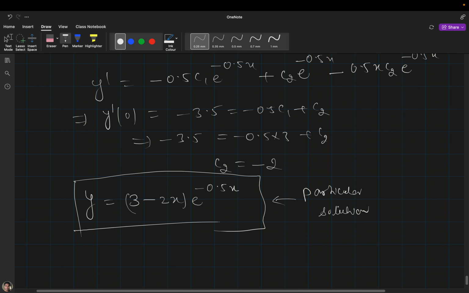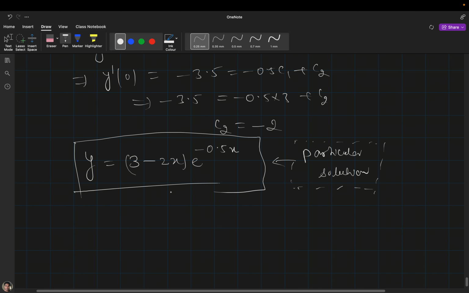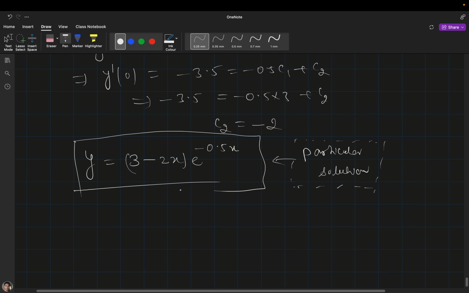You can also be confused because of the particular integral. When we study second order differential equations, I will teach you later. There is a term called particular integral, which is a different term, but this is a particular solution because there is a unique solution based on this initial value condition. So this is the solution of this problem.